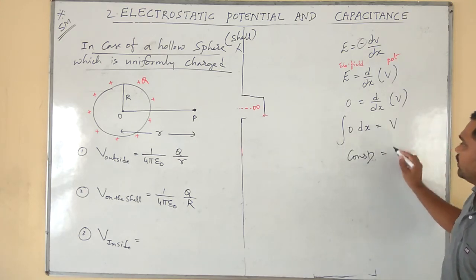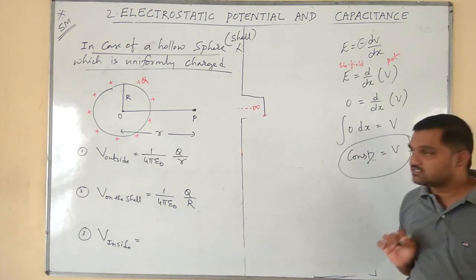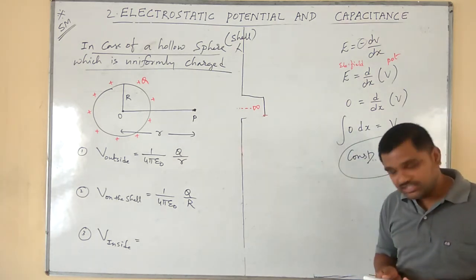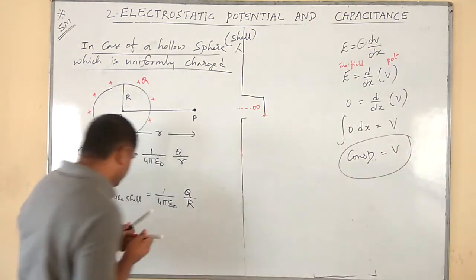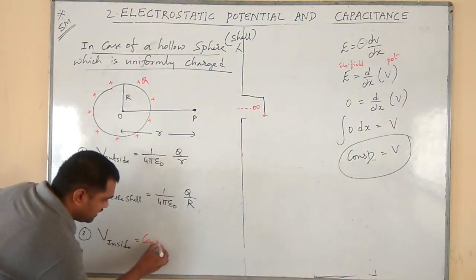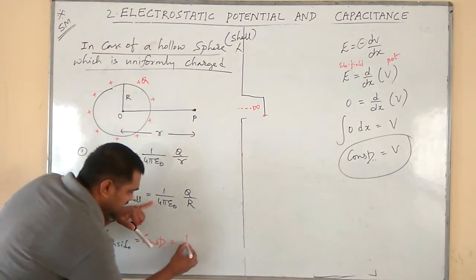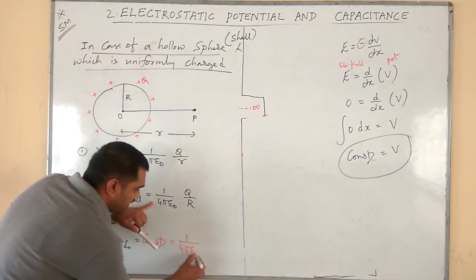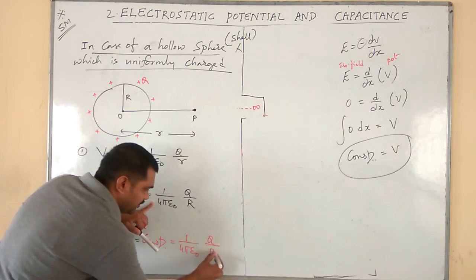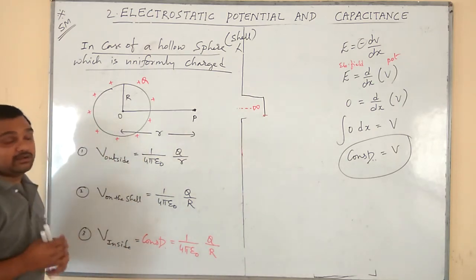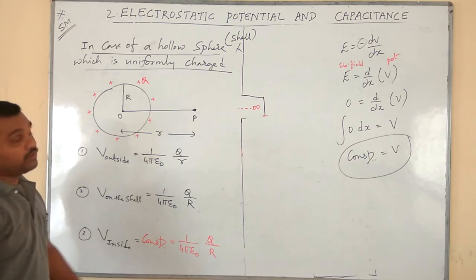Constant. Therefore, V is constant inside the shell. Therefore, V is equal to constant. And that constant value is nothing but 1 by 4 pi epsilon naught capital Q divided by capital R. Please remember this.